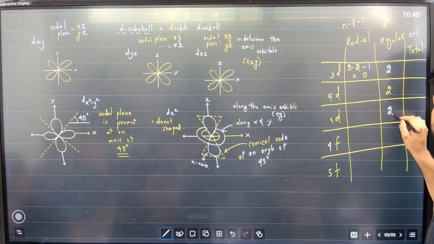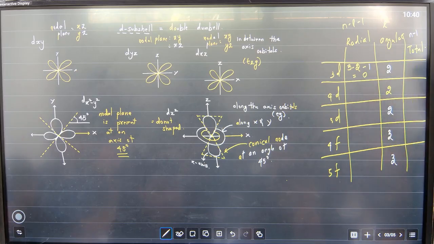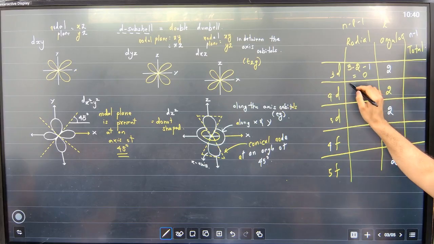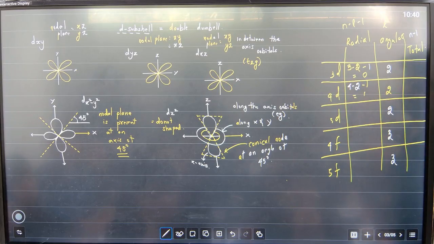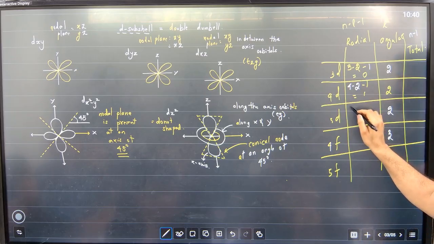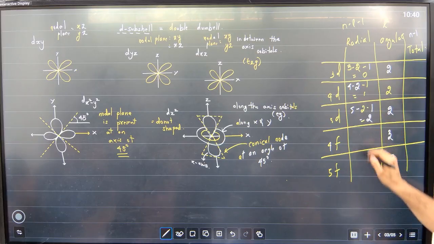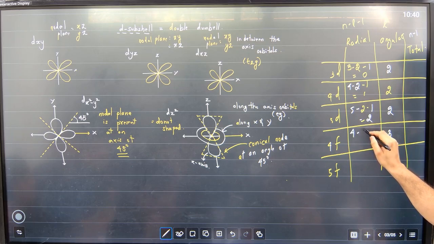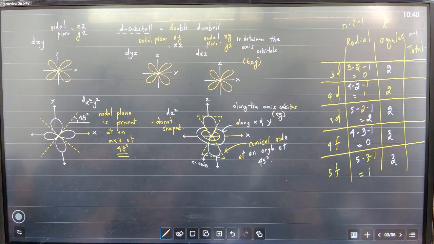Total 2. 4D: 4 minus 2 minus 1, how much is that? 5D: 5 minus 2 minus 1, 2. 4F: 4 minus 3 minus 1, 0. 5F: 5 minus 3 minus 1. Total number of nodes: 2, 3, 4, 3, 4.